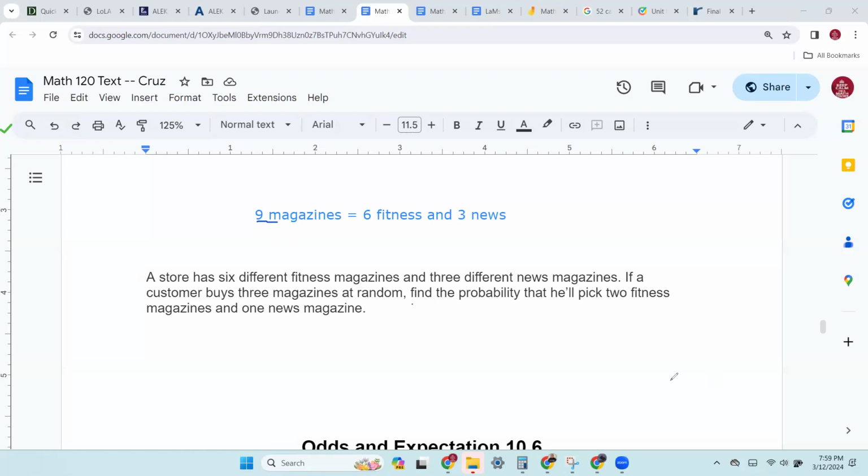Well, first of all, let's do the denominator, because the denominator is usually the simplest one. So the probability of 6 fitness and 3 news is in the denominator. We have 9 magazines. That's where the 9's going to come in now.